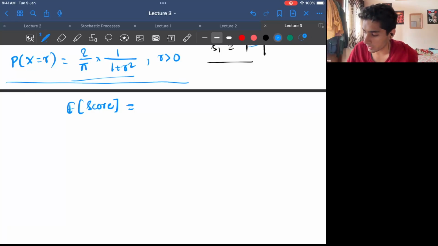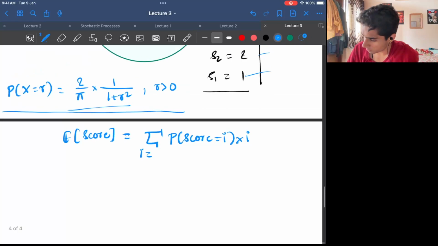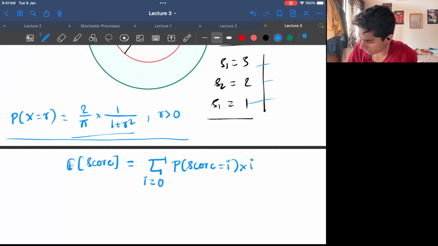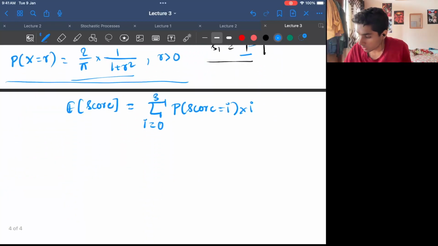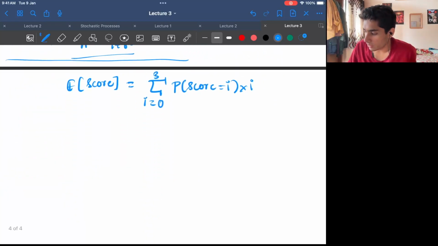If you want to find the expected score, it will be basically the summation of probability of score equal to i, into i, right? And i goes from 0 to 3, because you can score 1, 2, 3 or 0. If it lands completely outside the dartboard, you score 0. So this is the expected value.